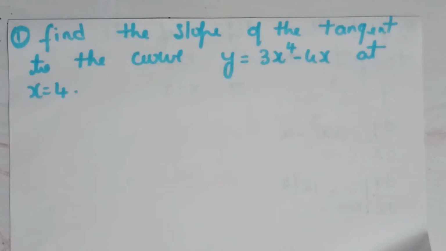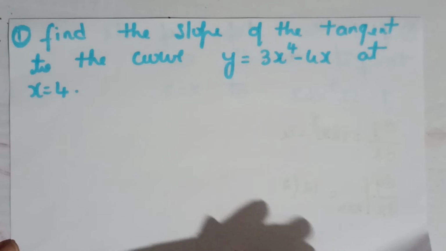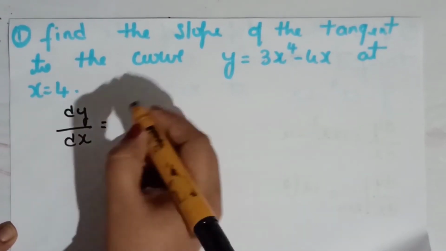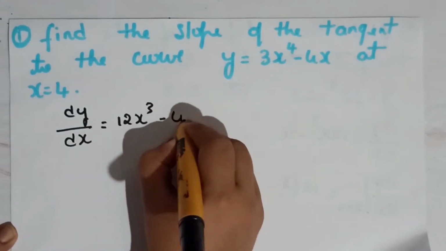First question: find the slope of the tangent to the curve y is equal to 3x power 4 minus 4x at x is equal to 4. To find the slope of the tangent, we need to find the derivative of the curve. So dy by dx is equal to 12x cube minus 4.